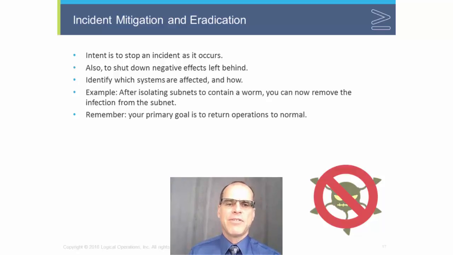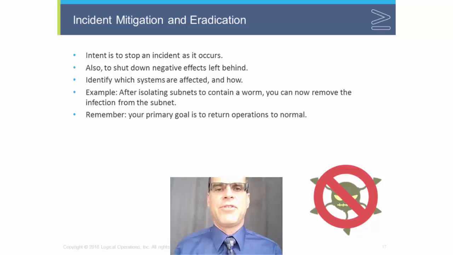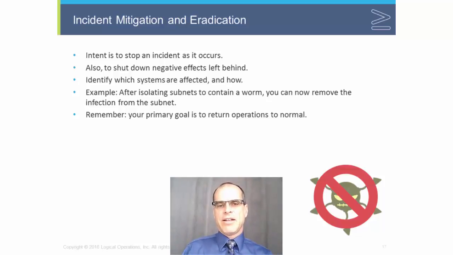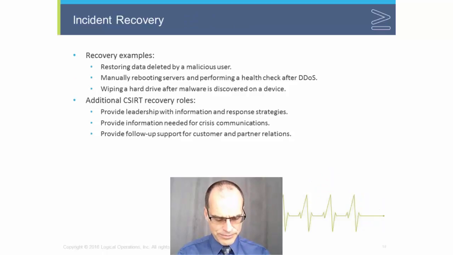So the example given there is you've identified a worm that was spreading on your network, you've isolated those subnets, and then once you've done that, perhaps you can now use some type of anti-malware removal tool to remove that worm from the systems after that isolation. And again, the long-term goal: get back to operations as normal.